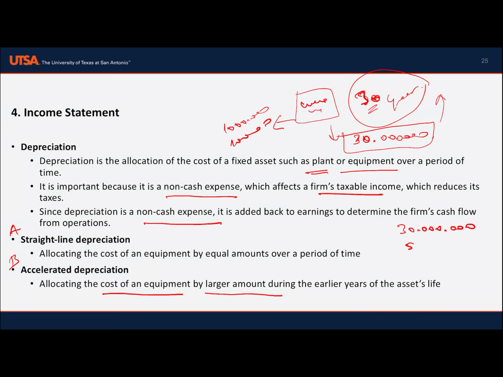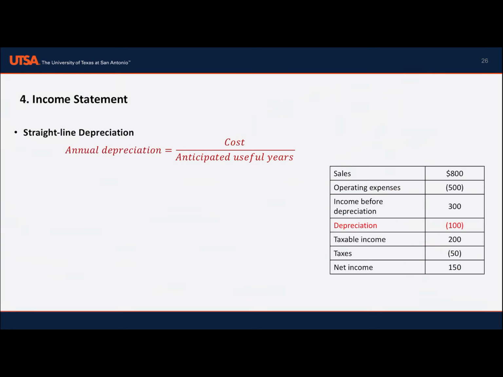You depreciate 5 million in the first year, 4 million the second year, 3 million the third year, 2 million the fourth year, 1 million the fifth year, and so on and so forth. So for straight line, the annual depreciation is equal to cost divided by anticipated useful years.